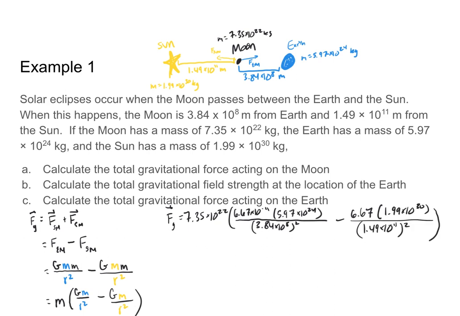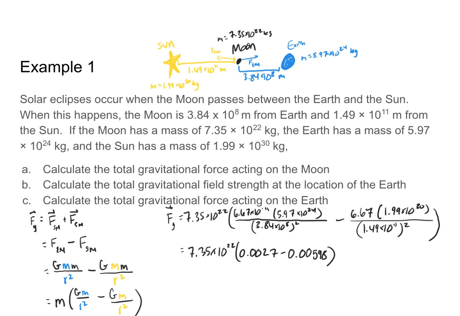And I'm going to plug in each of these equations separately, so that I have the magnitude of the field strength of the Earth at the position of the moon and the sun at the position of the moon. So when I do that, I get that the force of gravity on the moon is 7.35 times 10 to the 22nd times 0.0027 minus 0.00598.